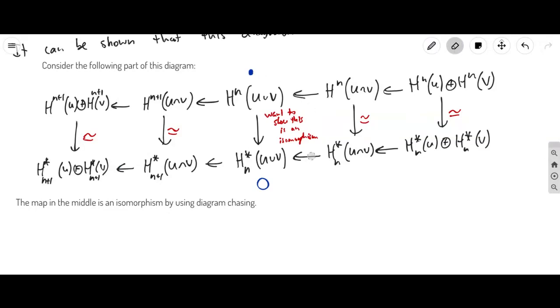We're assuming it gets mapped to 0, and we want to show that this dot had to be 0 itself. That's what we need to do to justify that this is an injective map. You have to do something different to show it's surjective, but we're just going to show why it's injective. So this goes to 0. Because this goes to 0, and this is a linear map, 0 goes to 0. So this goes to 0.